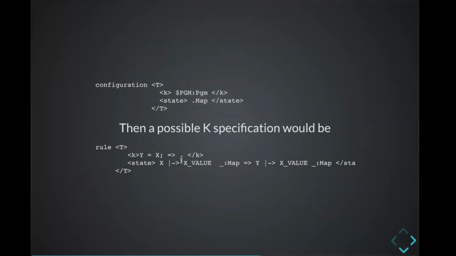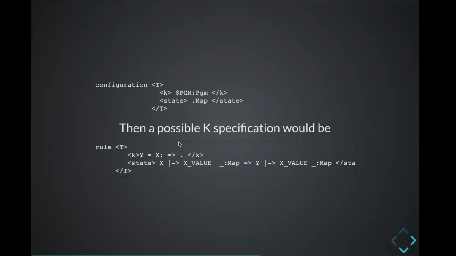Let's say we have a super simple imperative language, IMP, that has a configuration comprising two cells. The K cell holds the program that is executing, and state is a map. It's initialized with an empty map. Dot in K means empty, and then you write what type it is.